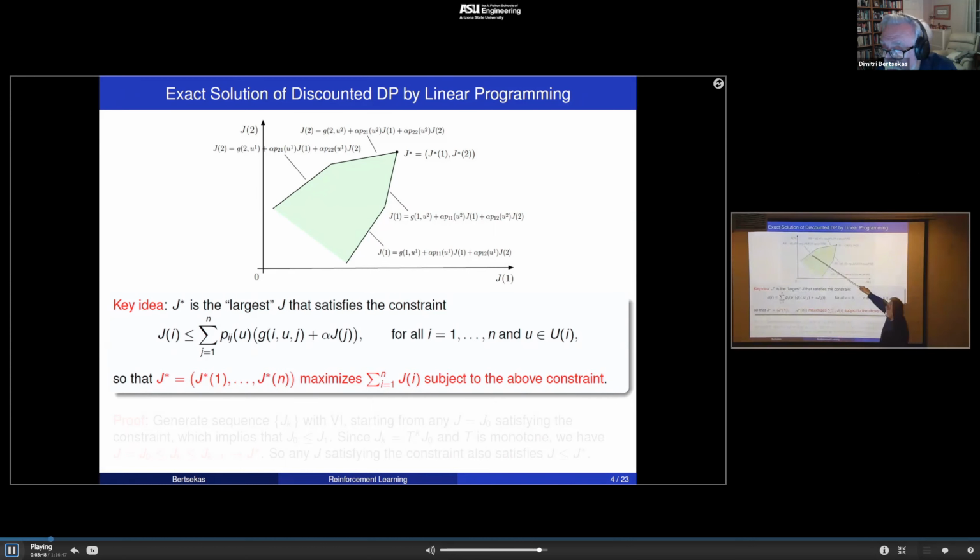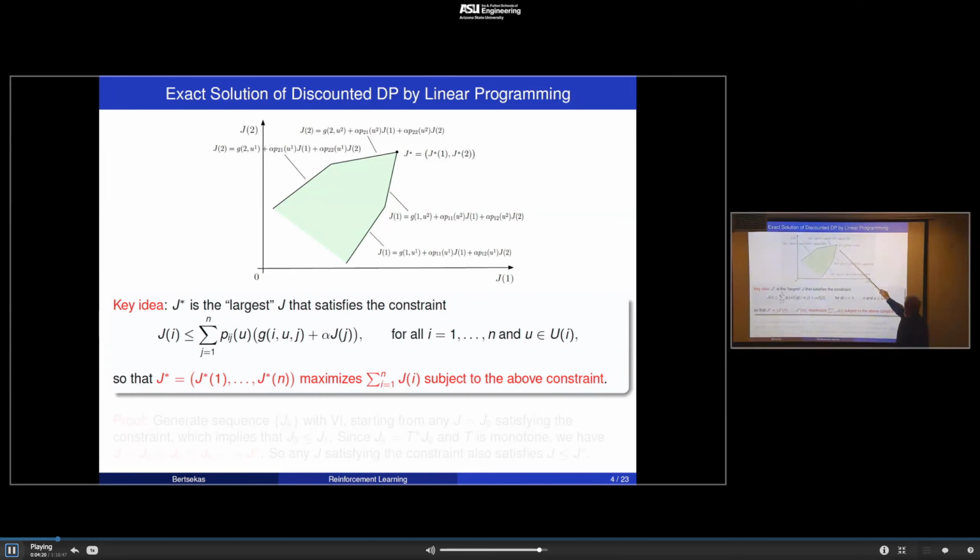Let's go now to state 2, control 1. Another hyperplane, and this green side is the feasible portion defined by the inequality, and we have that one also. So the feasible set of this linear program is this green polyhedron here. And what we claim is that there is a northeast corner to this polyhedron, which is exactly J star.